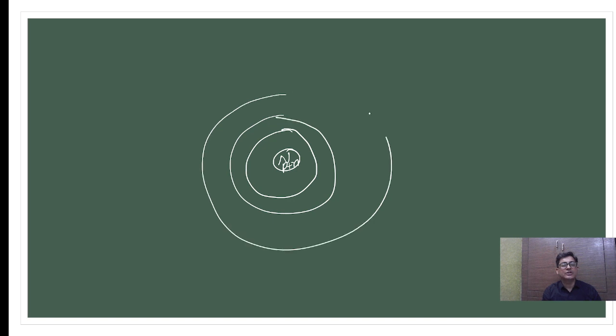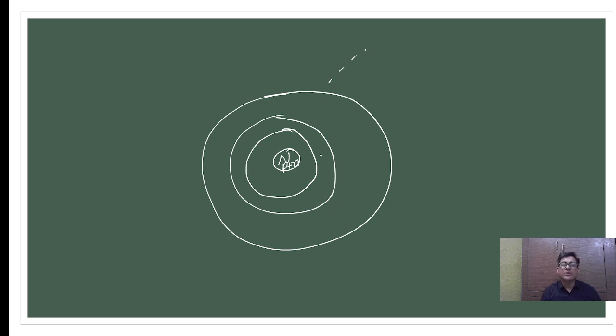As proposed by Bohr, the atom appears with the nucleus at the center, where protons and neutrons, called nucleons, are present, and then the first shell, second shell, third shell, and so on. These are all imaginary energy levels proposed by Bohr.